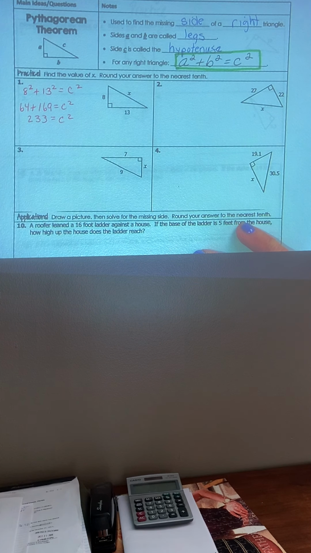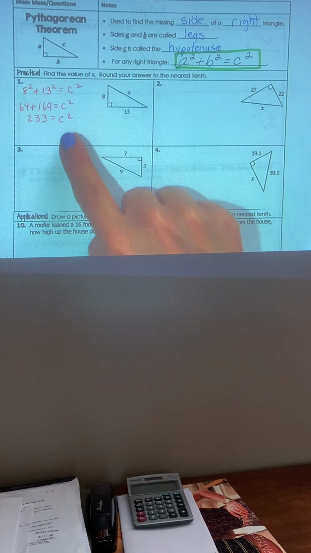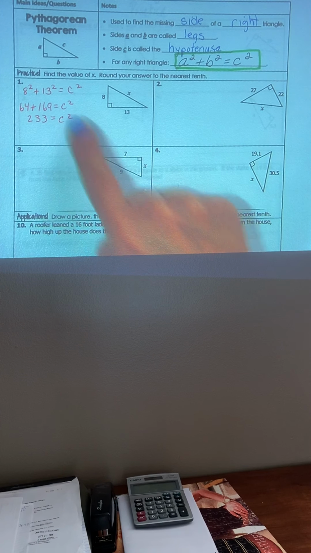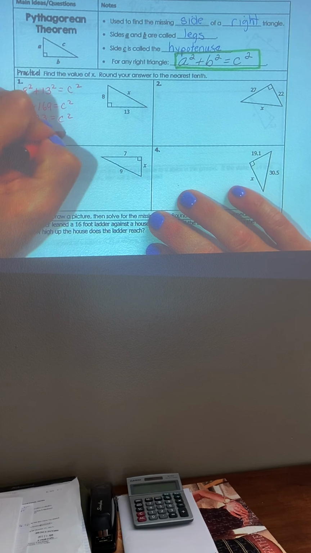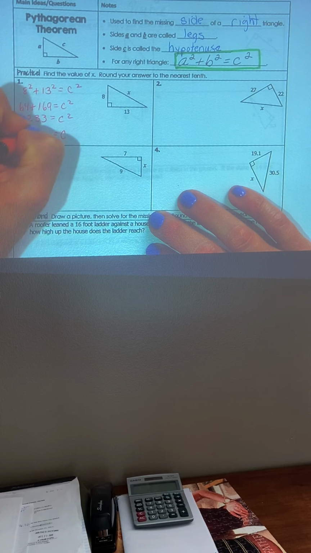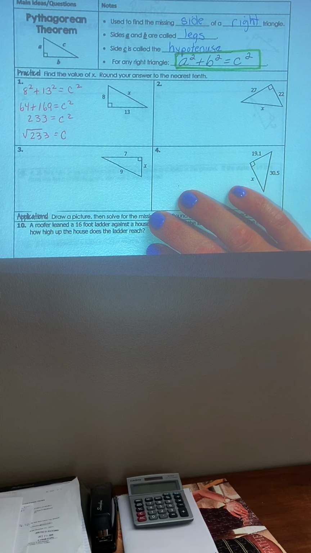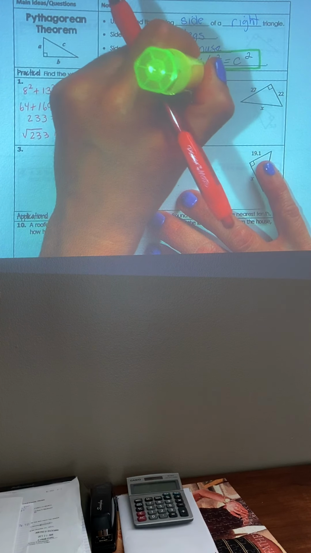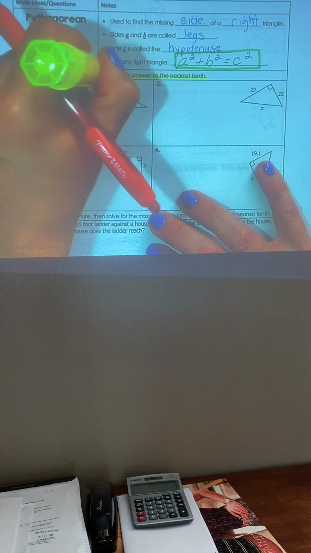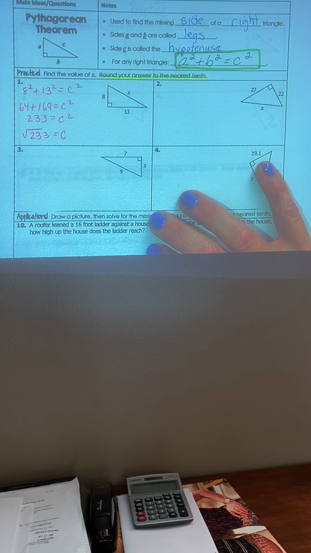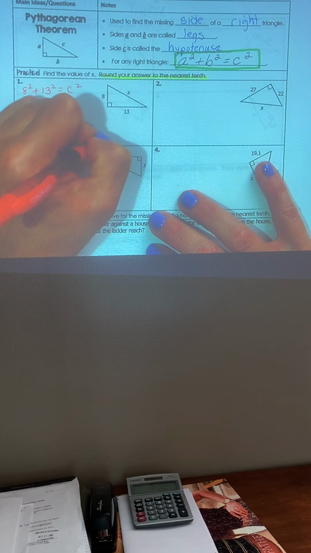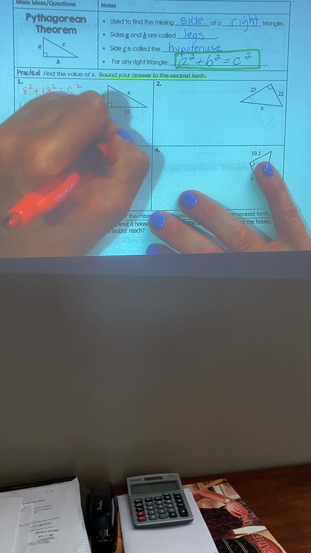Now, 233 is not your answer, guys, because that's c squared. We want c, so you need to take the square root. So c equals the square root of 233. Now notice what the directions say: round your answer to the nearest tenth. So the nearest tenth is 15.3.